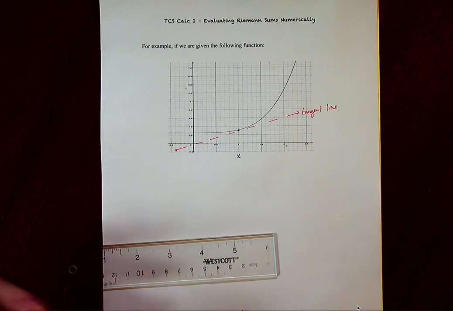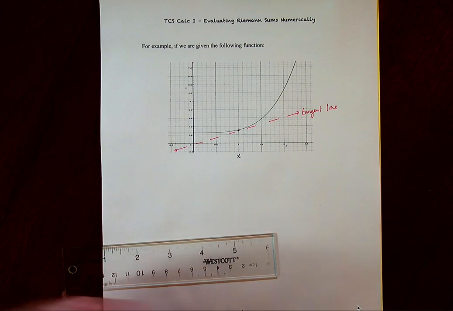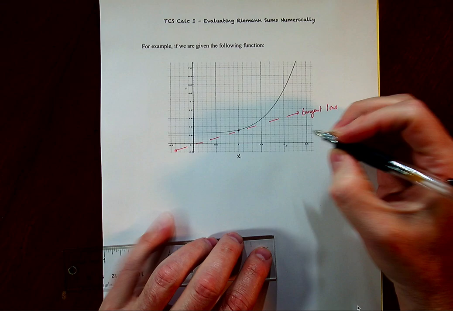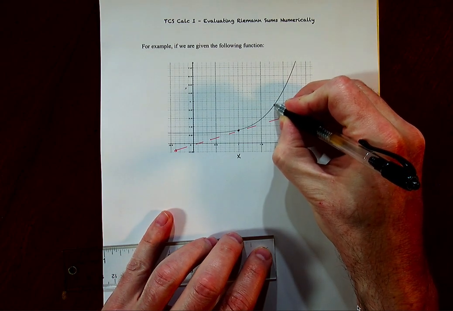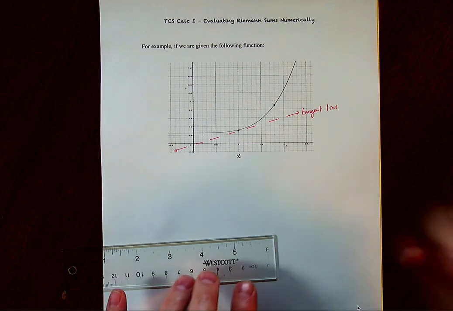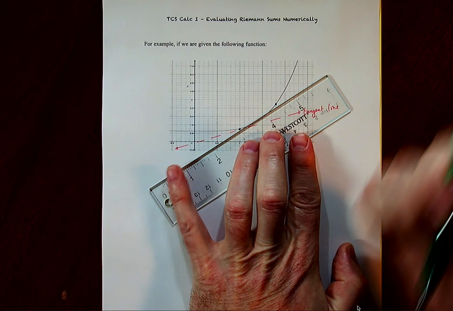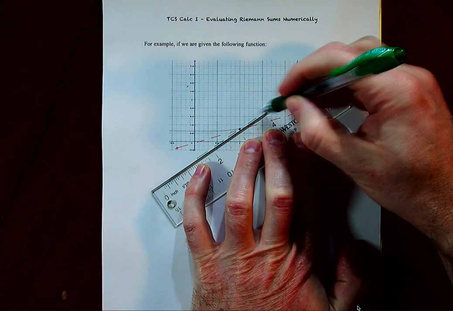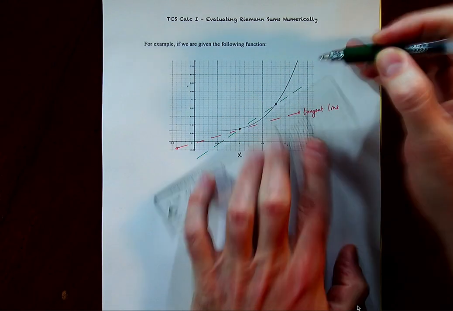But we're having a problem, right? We can't just find the tangent line slope. We need to back into it. So we're going to take a second point on the curve, and we're going to graph a secant line. Okay?